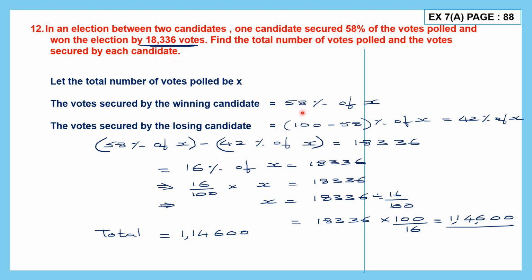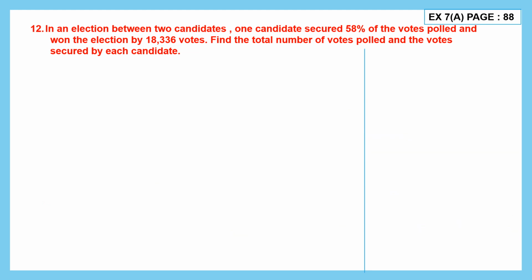Now the first candidate got 58% of X and the second candidate got 42% of X. So keeping that in mind, we have to calculate and find out how much each person got. We know the total votes polled, but the votes secured by each candidate is what we're going to find out. So the total number of votes polled we just found out is 1,14,600.